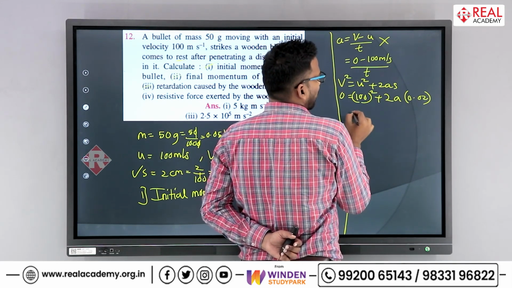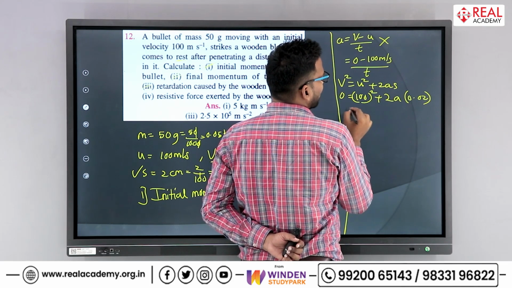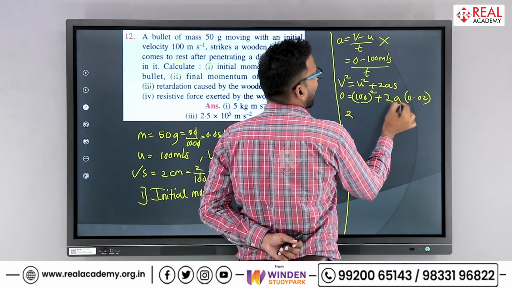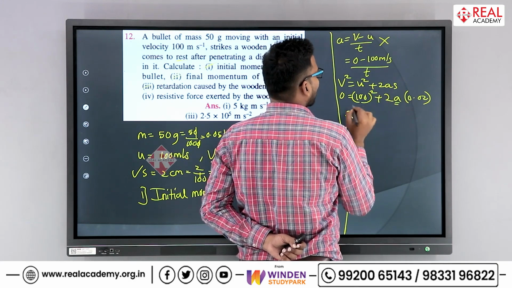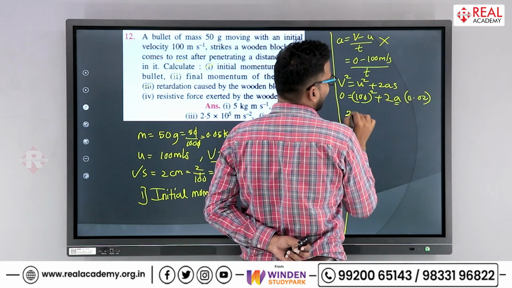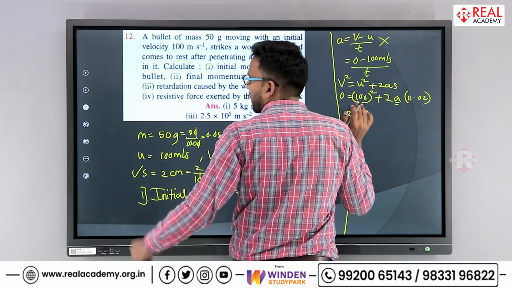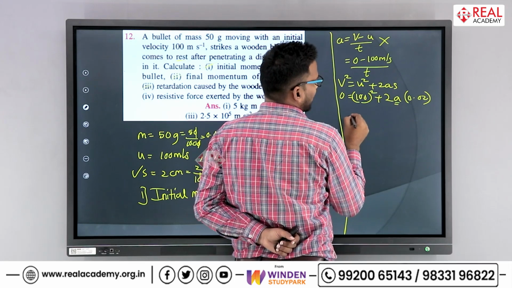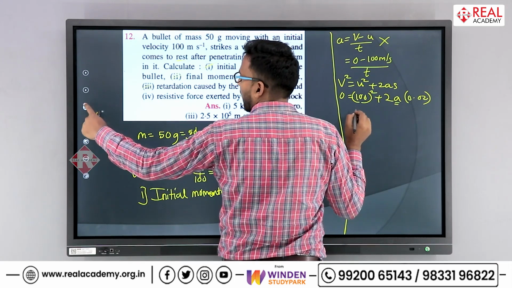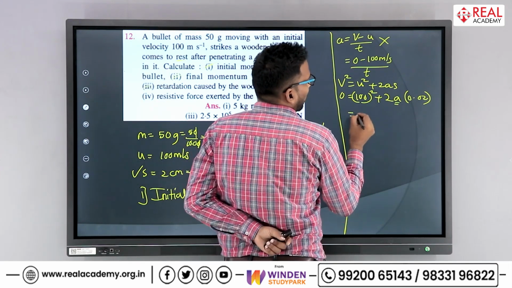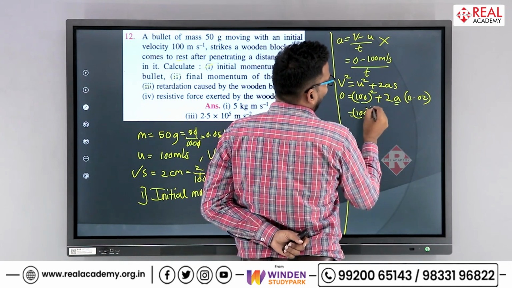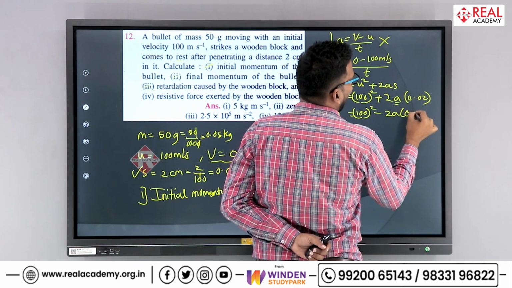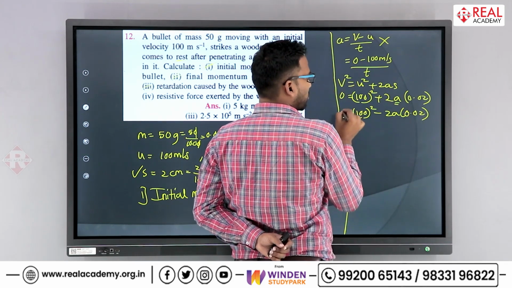Okay. So A is retardation, right? Retardation always has a negative sign. So can I say it's 100 square minus 2A into 0.02 is equal to 0.